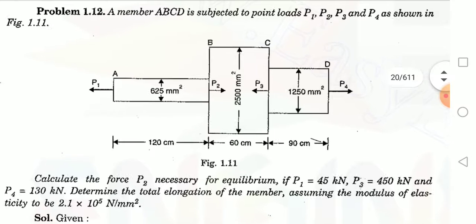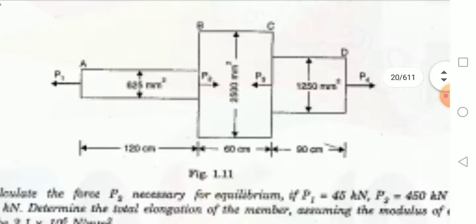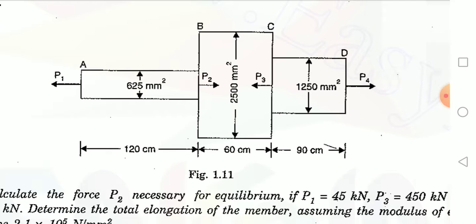Students, see this problem, everything in terms of millimeter and the load in terms of Newton? No, because the lengths given in the problem are in centimeter. So the first thing is the unit conversion. We can convert the lengths of each step into millimeter.